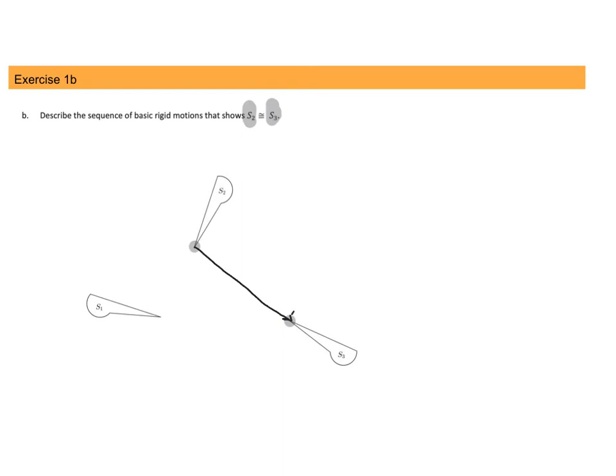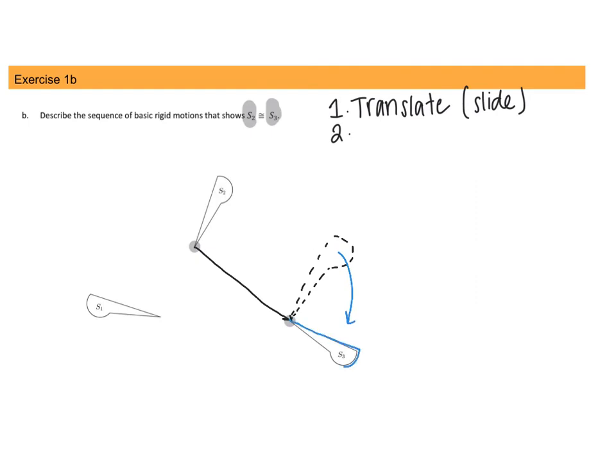And this new figure is going to be right here. Okay, so step 1, translate or slide. Okay. From there, there's only one other thing we need to do, which is just rotate it, right? We will rotate this all the way around until it maps up exactly on top, and it proves that they're congruent.